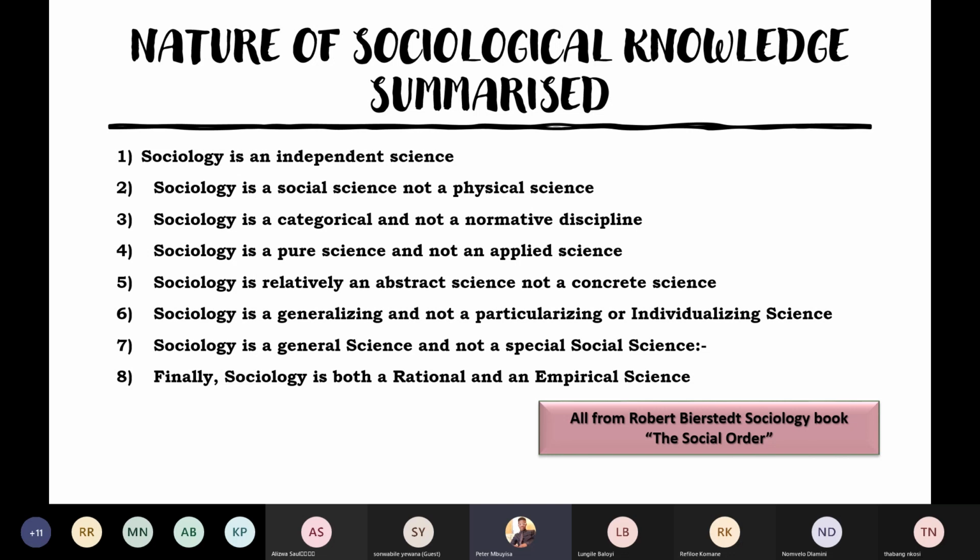So that's why we say it's an abstract science, because it is looking at society in a generic sense. And number 6, to summarize, is that sociology is a generalizing and not a particularizing or individualizing science.